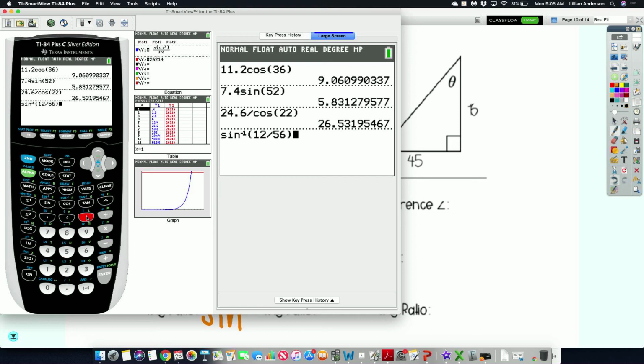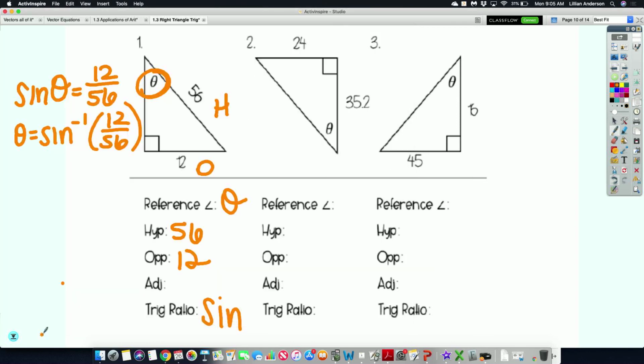So I don't have to keep flipping back and forth. And click enter. Did everybody get this number? That's my angle. 12.4. So theta equals 12.4 degrees. Okay? Question.